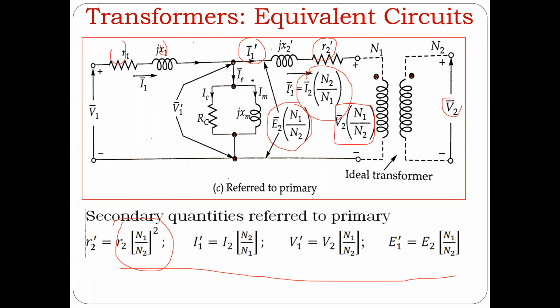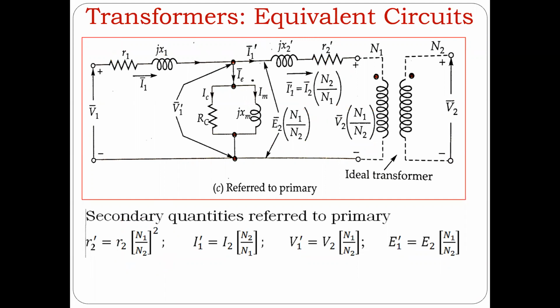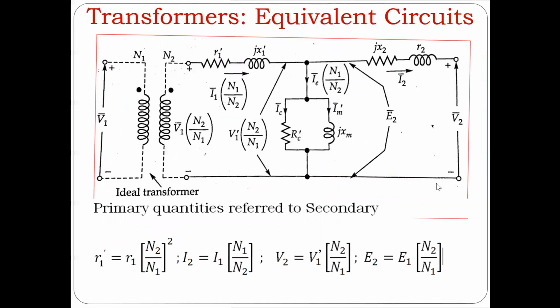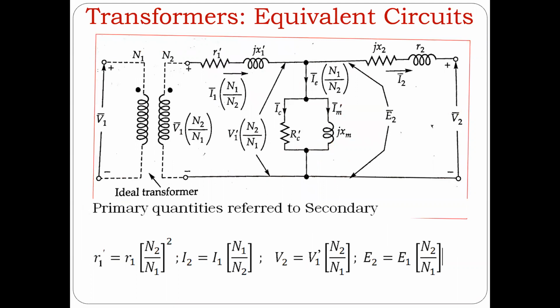You can also take the primary quantities to the secondary side, and then it would look something like this. There are no quantities on the primary, everything is on the secondary now. So R1 has become this now, I1 has become this, V1 has become this, E1 has become this.